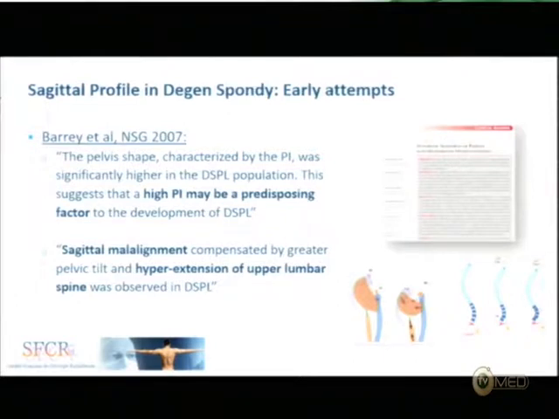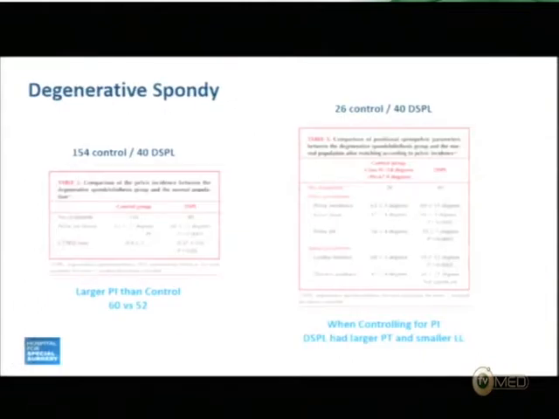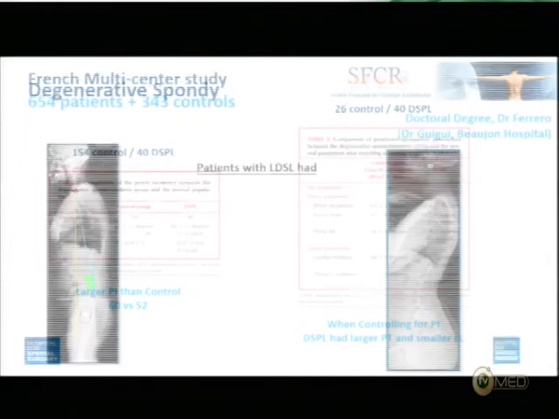The other was that they do compensate, because usually they're not necessarily terribly old patients, so they still have some muscle. They compensate using the adjacent segment, so extending the adjacent segment, or pelvic retroversion. This conclusion was based on a study of 154 controls and 40 patients with degen spondy.